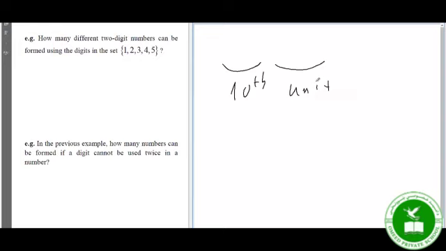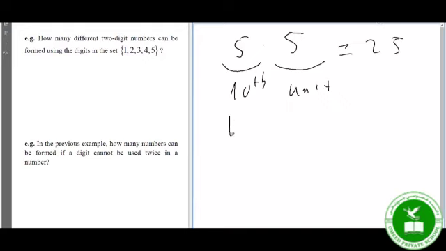As we have 5 different digits, we have 5 ways for the tens digit. Then how many choices do we have for the units digit? Again 5. So 5 times 5 is 25.